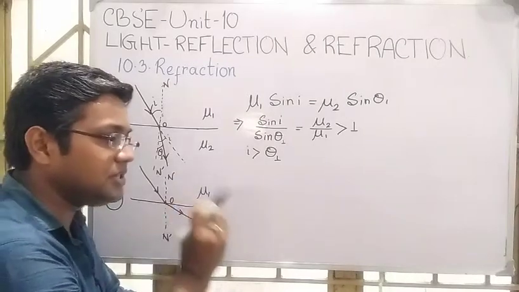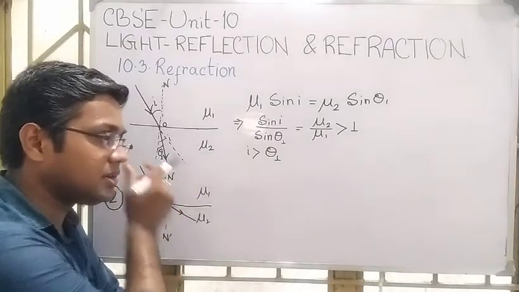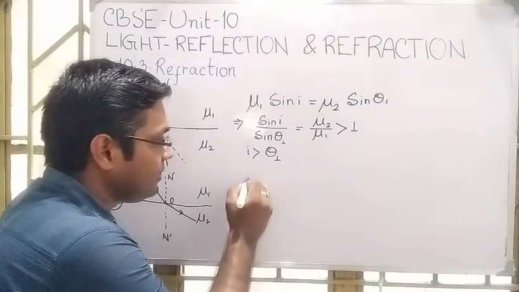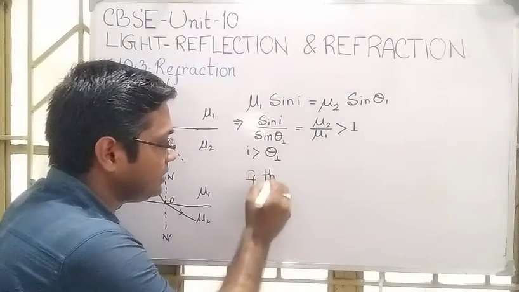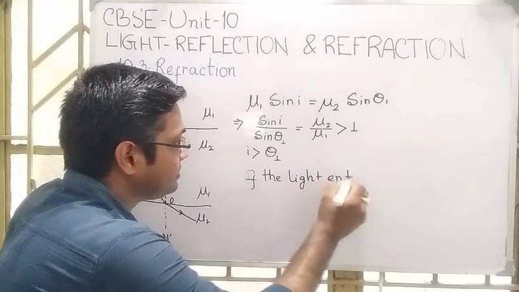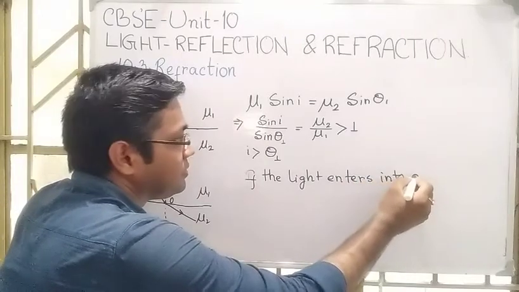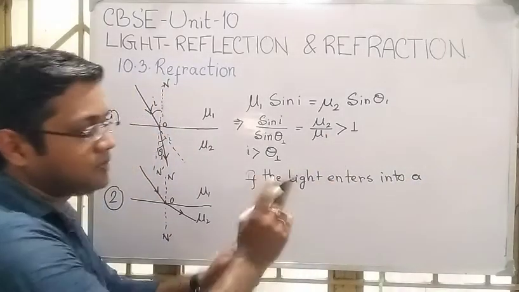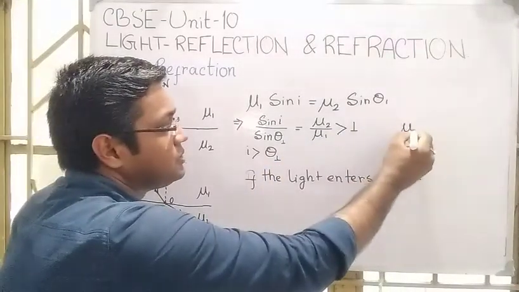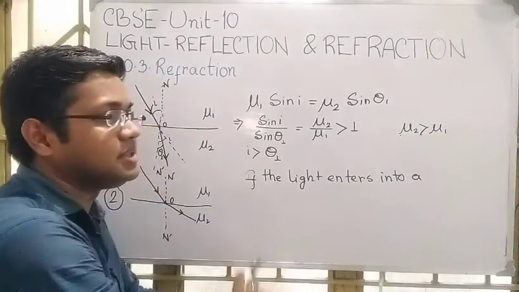If I want to reach a conclusion here, when the light bends towards the normal, at that time, mu2 is greater than mu1. Here I consider this thing.